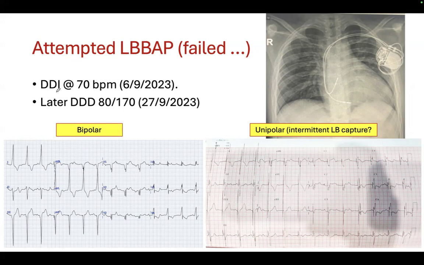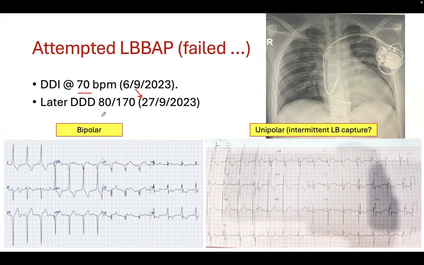We paced him at 70 beats per minute initially because we don't want to speed up the pacing rate because of concerns of cardiomyopathy, and we went relatively, not super gradually, to be honest, over 2, 3 weeks maybe. We programmed so that he has a normal heart rate.